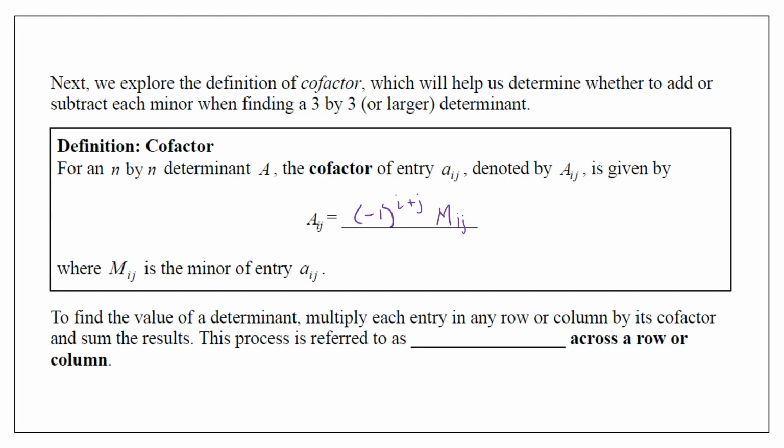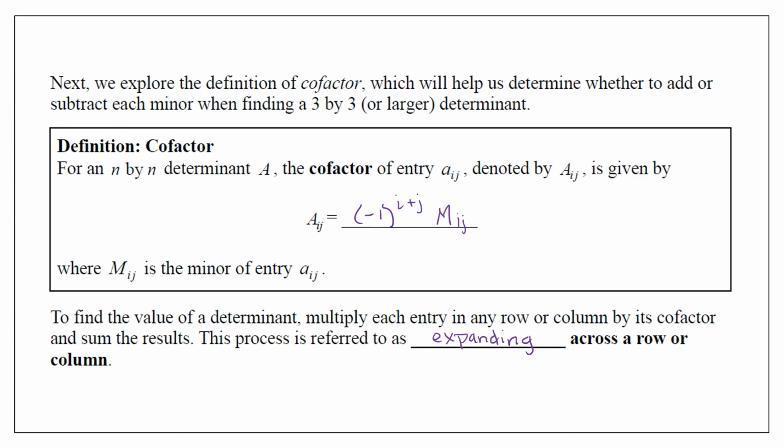To find the value of a determinant, we multiply each entry in any row or column by its cofactor and sum the results. This process is referred to as expanding across a row or column.